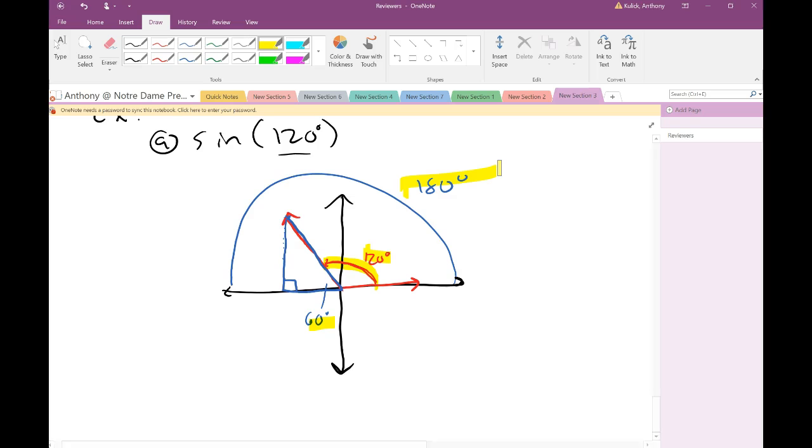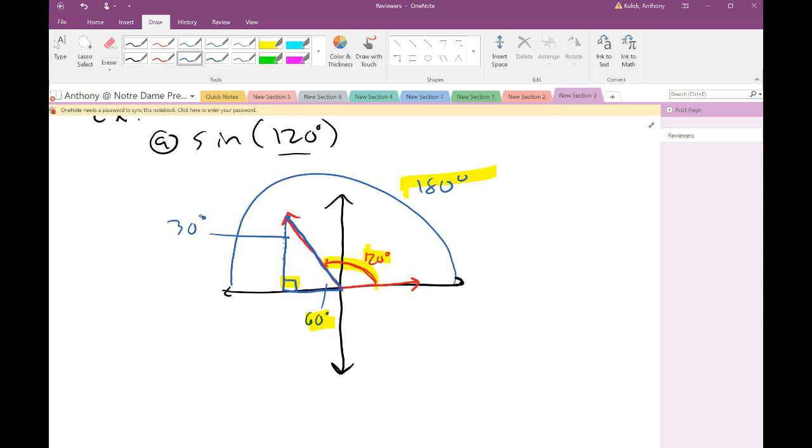Everybody's okay with that idea? And now, since I know that the sum of the angles in any triangle has to be 180 degrees, I have 90 for the right angle. I have 60, so this other angle must be 30. And what I have is my 30, 60, 90 triangle. Everybody's okay with that idea?